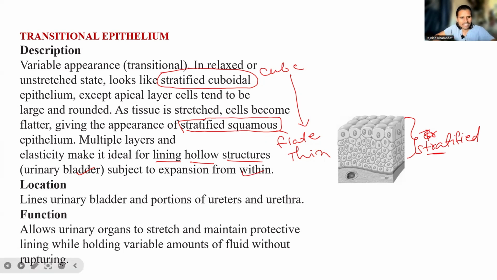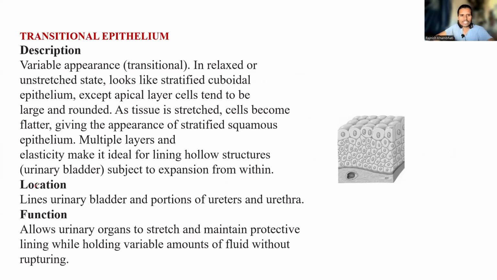Now, directly we have to look for the location, meaning where you can find them. The location is the urinary bladder and portions of the ureter and urethra. Three places: ureter and urethra are two different things, and the bladder. You can find transitional epithelial tissue in these three places.